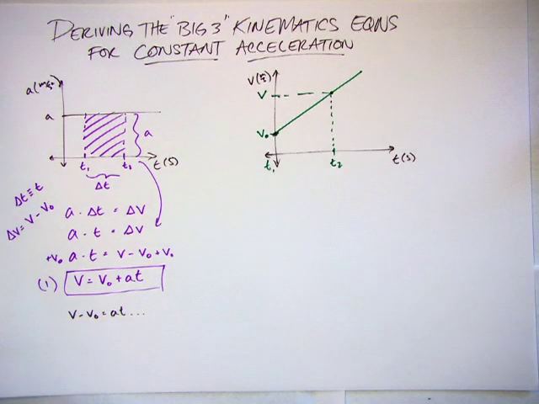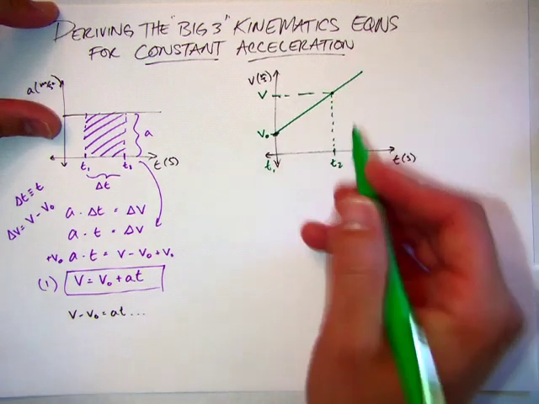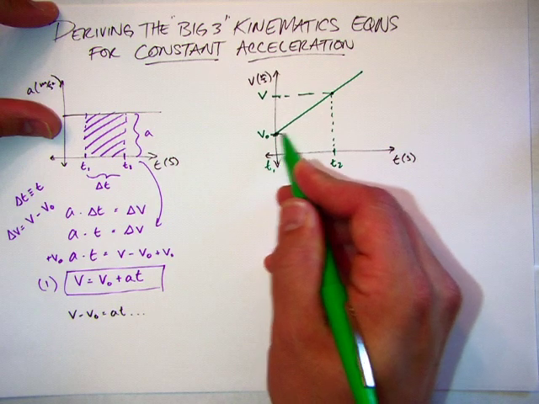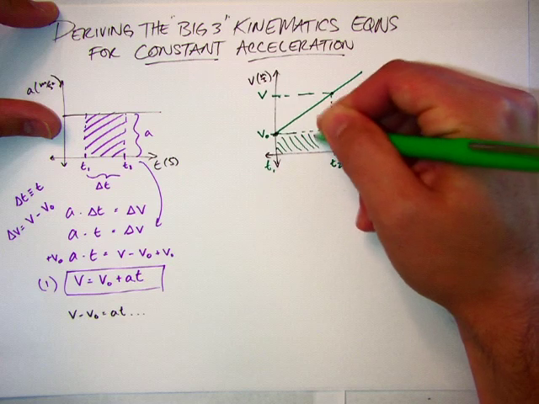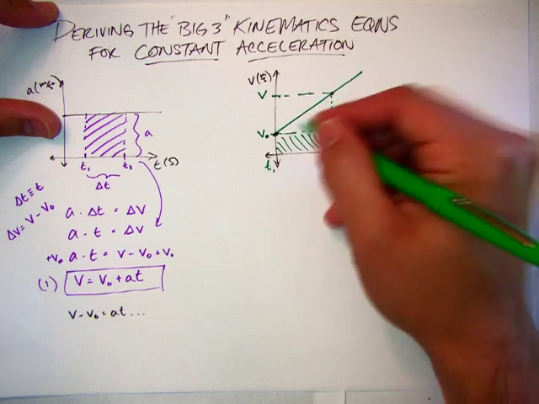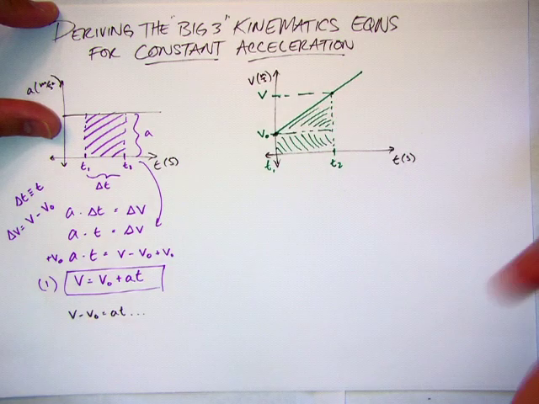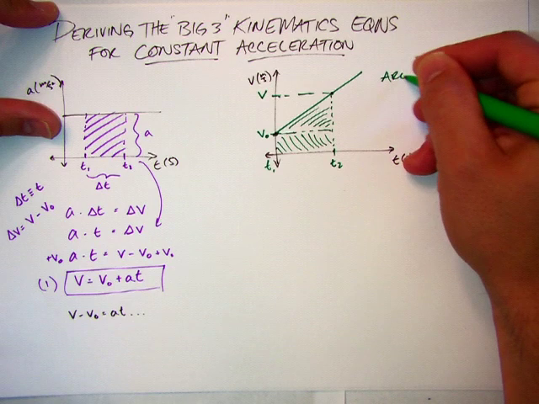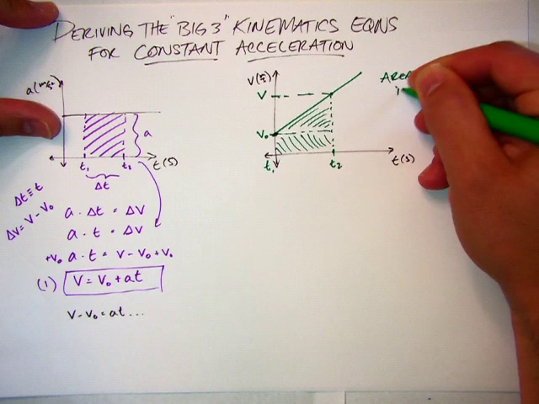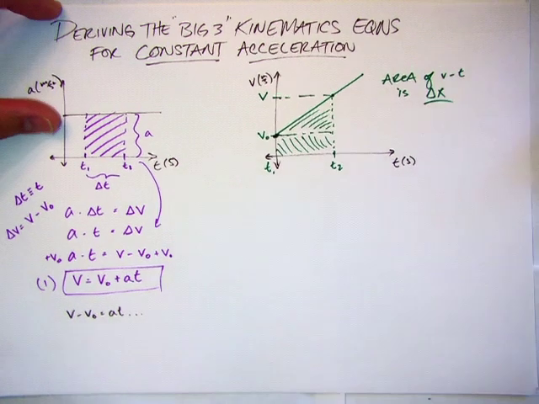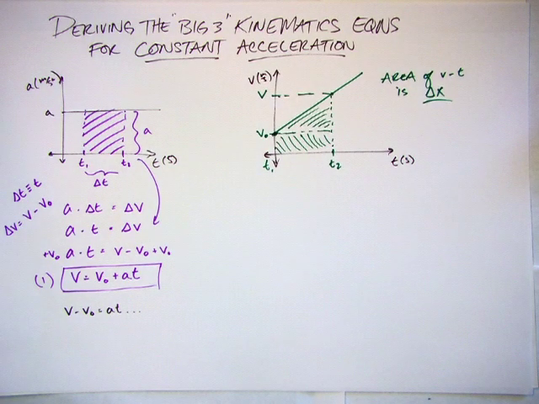And the other thing I can know from a velocity time graph, besides finding the slope to find a, is that the area underneath this curve, which I'm going to break into both a rectangle and a triangle, gives me the displacement of the object during that period of time. We derived that in a previous video.